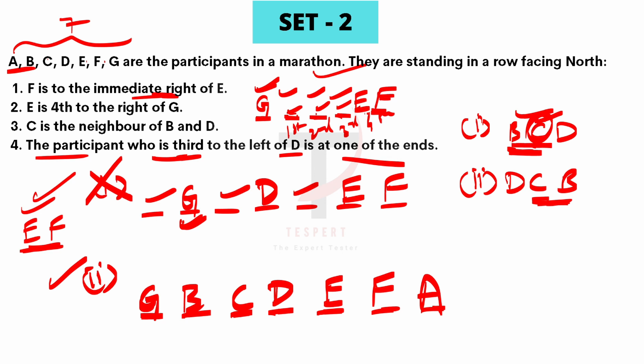Say a quant question is a combination of 3 simple concepts. Even if you are aware of 2 concepts, and if you are unaware of the third one, then you won't be able to get a correct answer. You may leave the question. So that makes the question too difficult, but in reality that is not a difficult question. So you shouldn't miss out the basics.